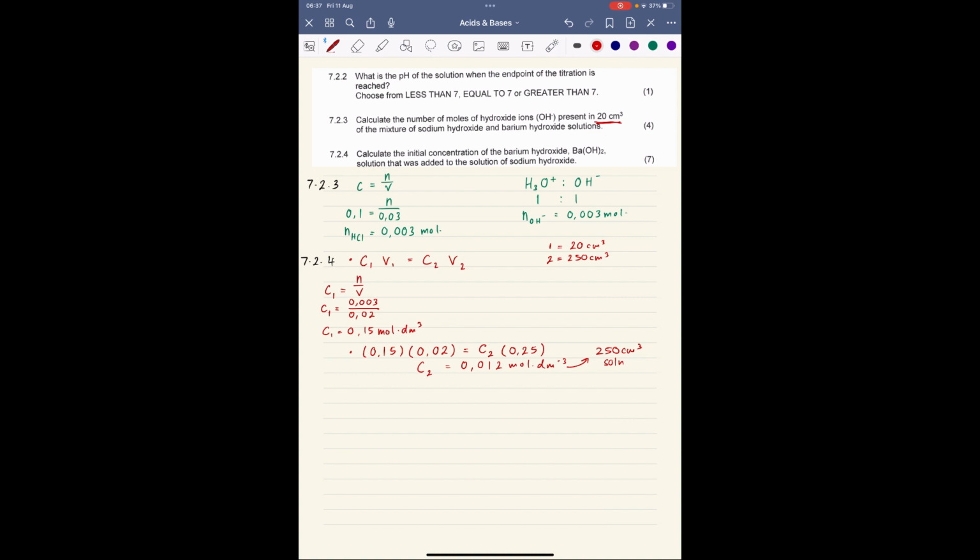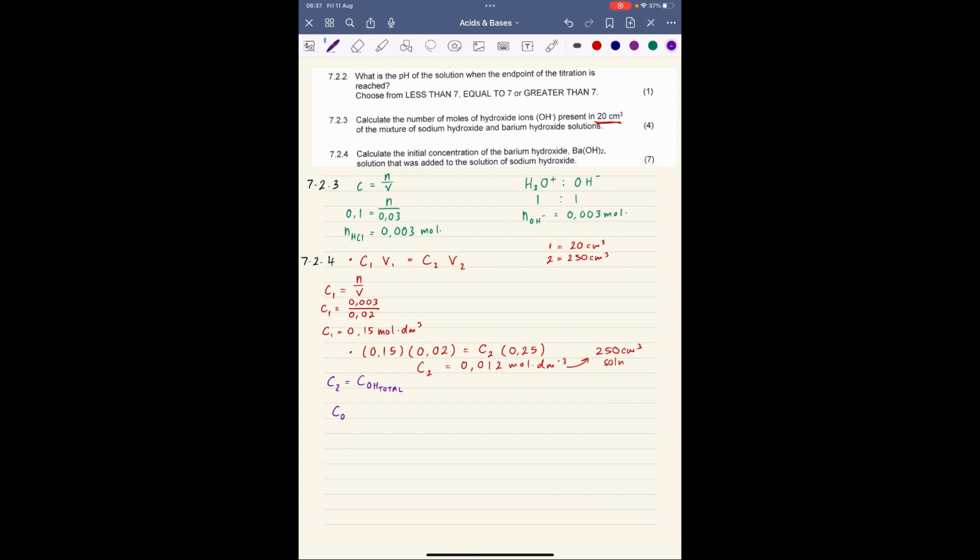So before we find out the moles, let's make something clear. This C2 is the concentration of OH in both NaOH and BaOH. It's the OH total. This is the total OH. So let's find out the moles of the total OH now. So this is a 250 centimeter solution.